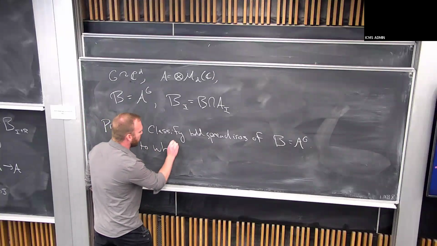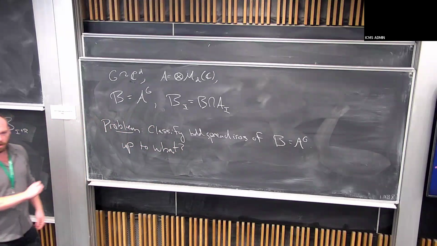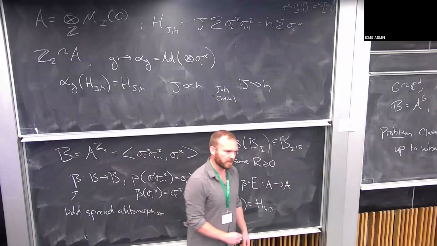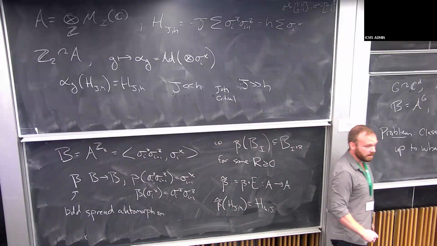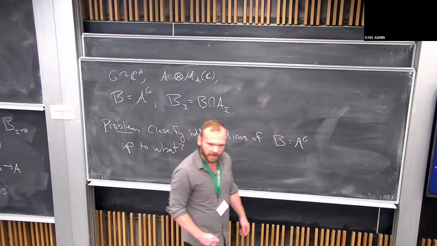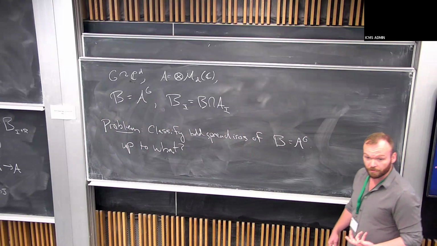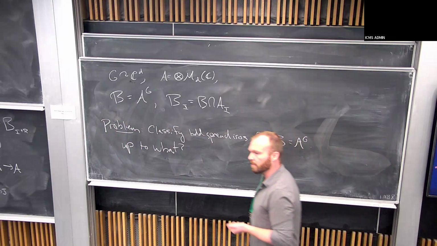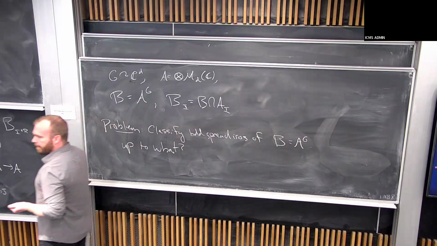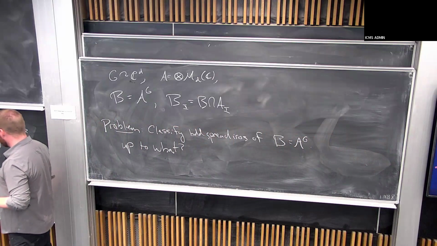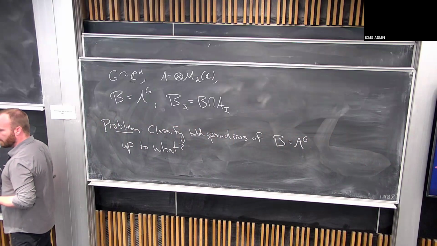Because anyone who has spent time thinking about automorphisms of C-star algebras knows that there's way too many of them to have any kind of reasonable classification. So whenever you talk about classification of these things, you want up to some natural equivalence relation that actually makes things manageable.